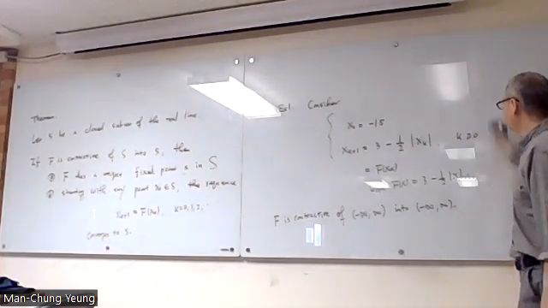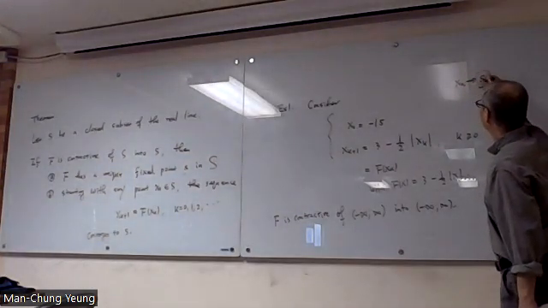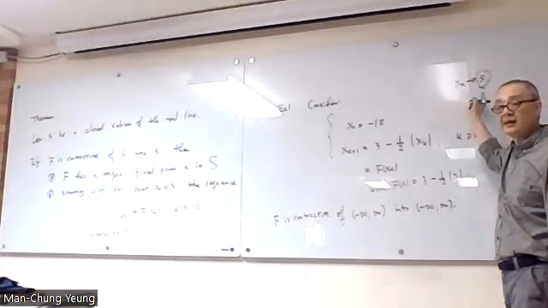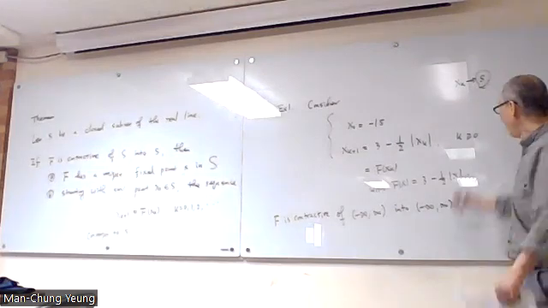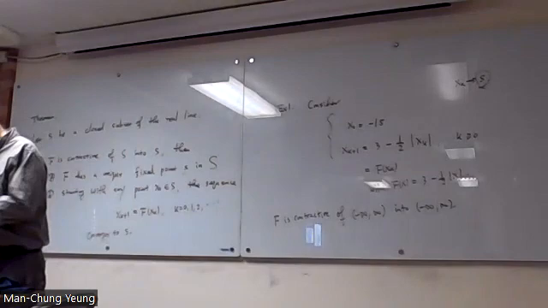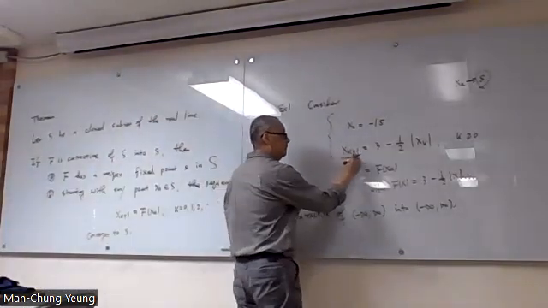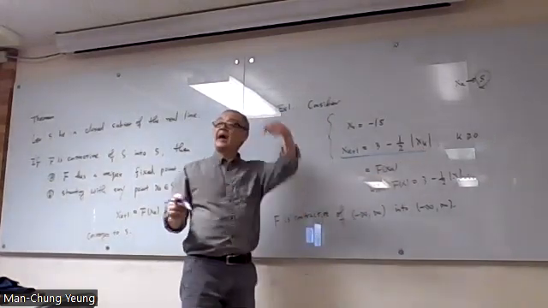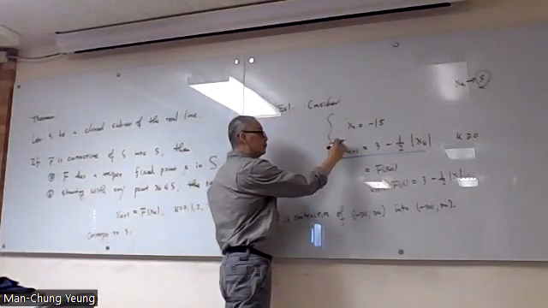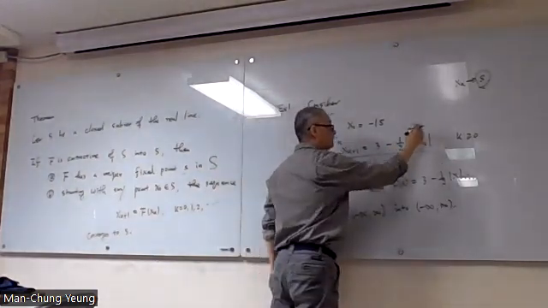So x_k is guaranteed to converge to s. Then how to find s? Easy. Let k approach infinity. Then x_{k+1} will approach s, and x_k will approach s.